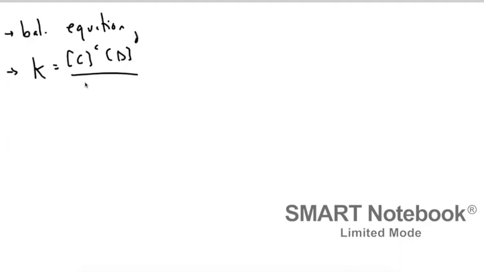All right guys, so I guess maybe now it would be helpful to give you a problem solving strategy for ICE tables. First, make sure you have a balanced chemical equation. Second, make sure that you've written your k expression. Make sure that you take the time to write that out for your equation. Set up your ICE table.